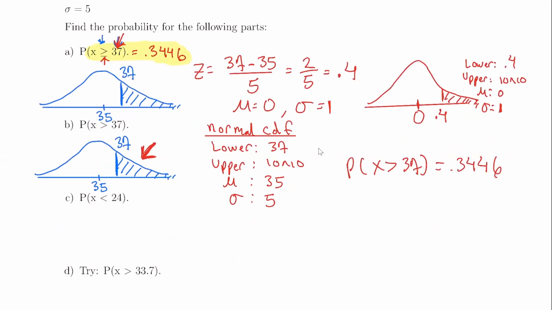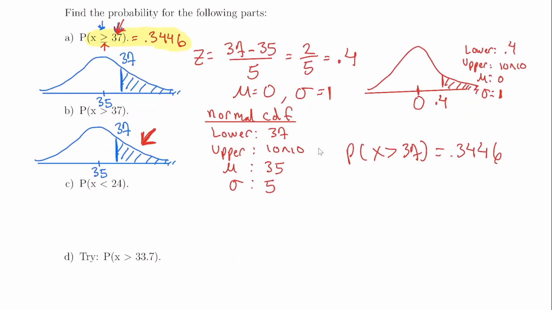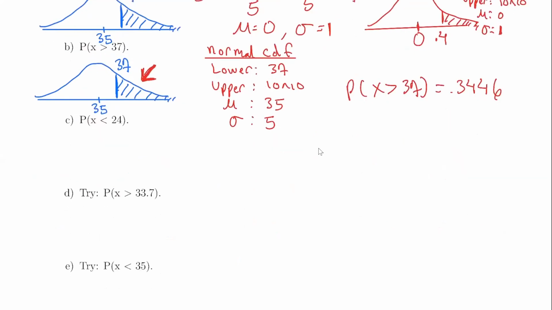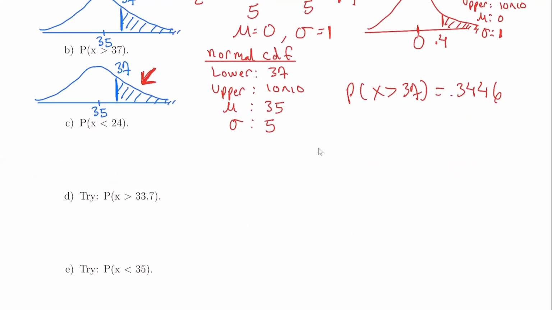All right. So let's do C and D, and then well, let's do C, D, and E, and then that should be it for today. All right. So up next, we're gonna do the probability that X is less than 24. So we'll go ahead and do this. So 35 should be in the middle.